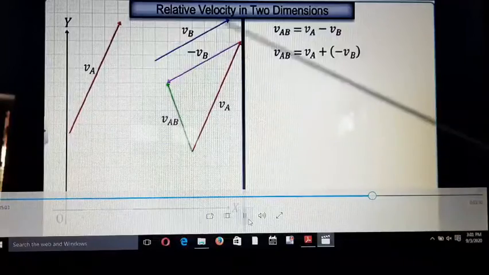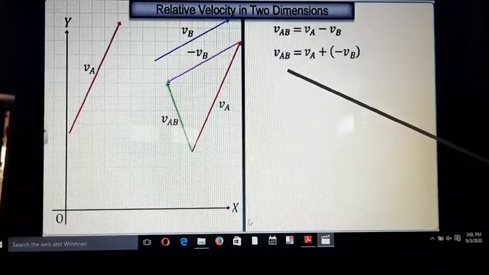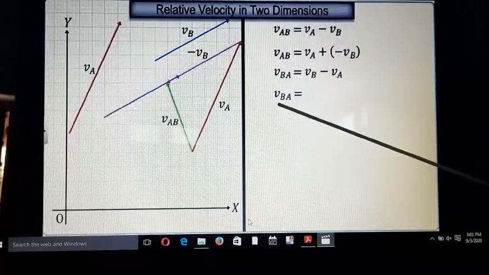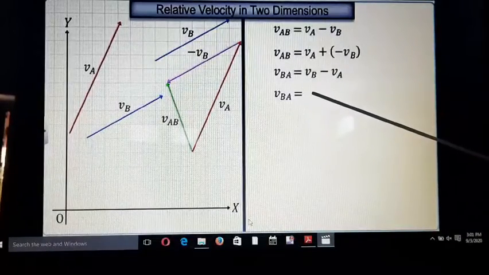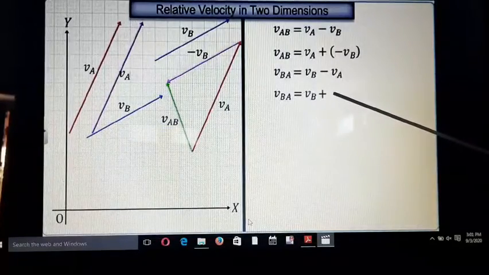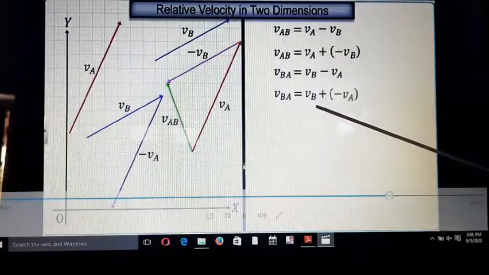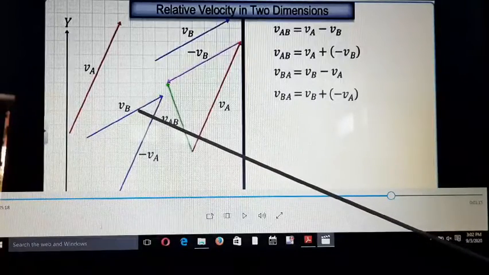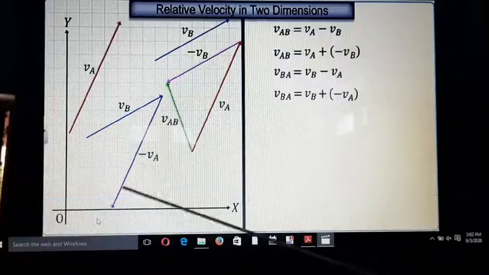Same way, we can write Vba is equal to Vb minus Va, which means Vb plus minus Va. Look here. Here Vb is the first vector and Va is the second vector.